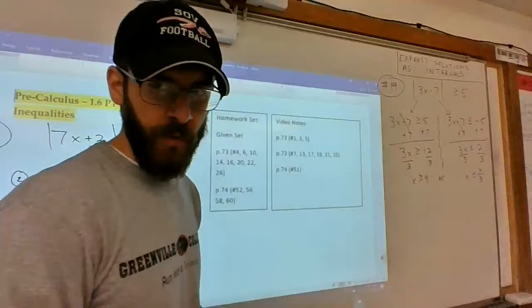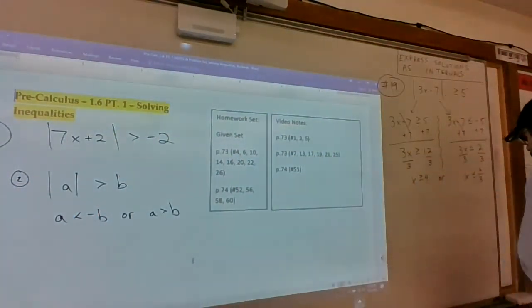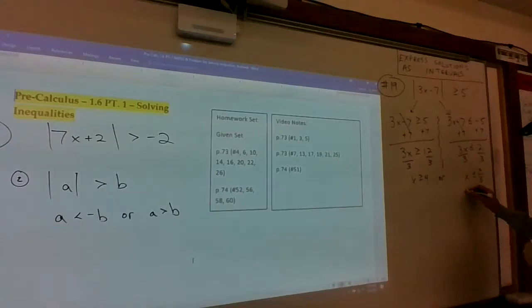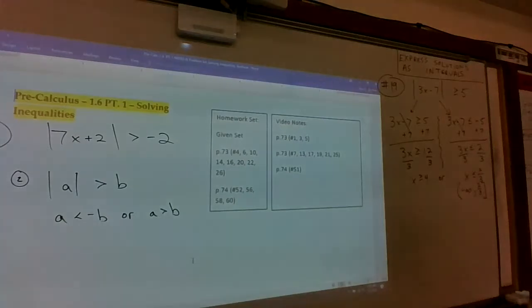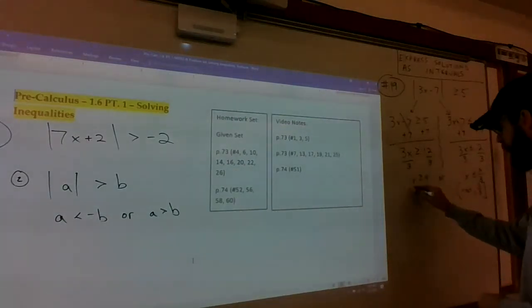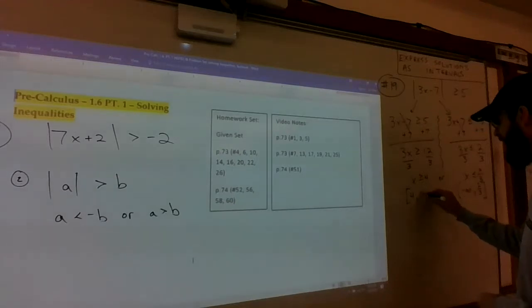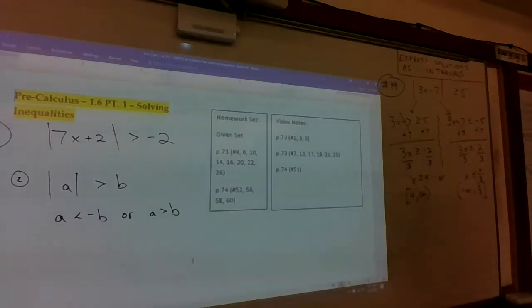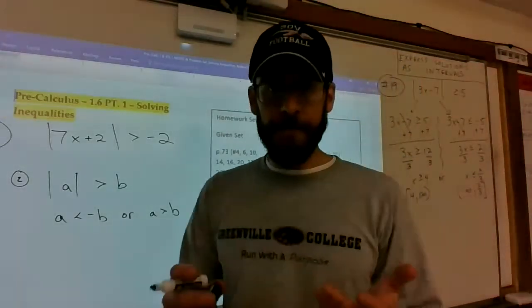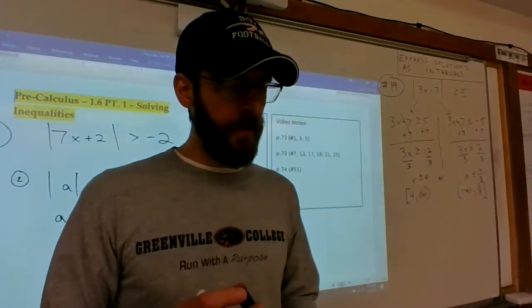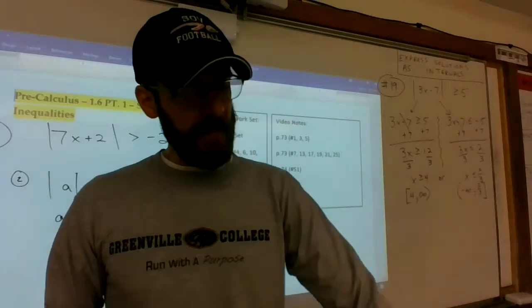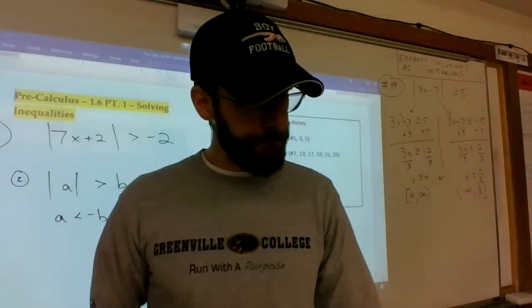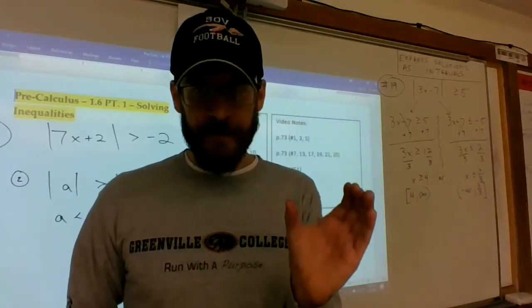Now what's the best way to write that as an interval? Well, this would be less than, so negative infinity would be our starting point. We'd put a bracket on the 2/3. We would start with 4 when it's greater than or equal to, and end with infinity with a parenthesis. Now, I'm not going to be too picky, but recognize that the clear way of representing this solution is going to be with a union symbol between these two.